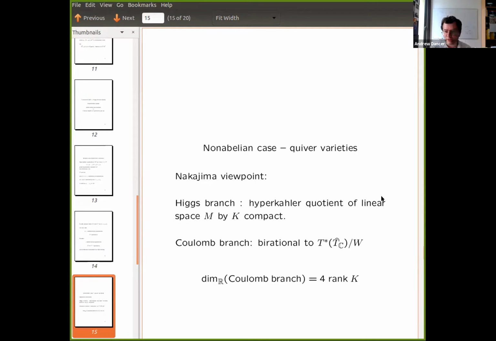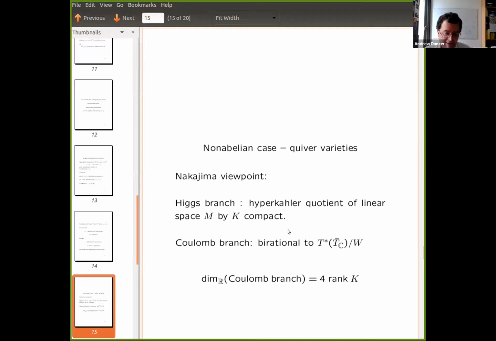In the non-abelian world, things get a lot more complicated. On one side, we have the Higgs branch, the Hyperkahler quotient of the linear space by a compact group K, a quiver variety, if you like. On the other hand, we have the Coulomb branch, which is supposed to be birational to the cotangent bundle of the dual complex torus of K, modulo the Weyl group.